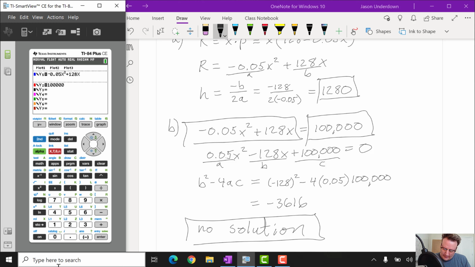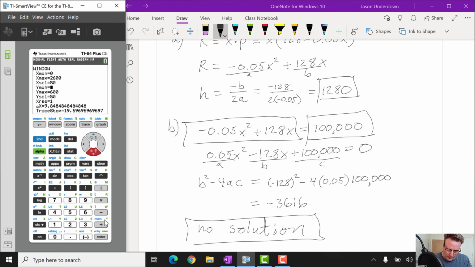And let's see, what should our window settings be? We've got to go like twice 1280, so that would be 2600. We'll do 2600, and then maybe units of 50.